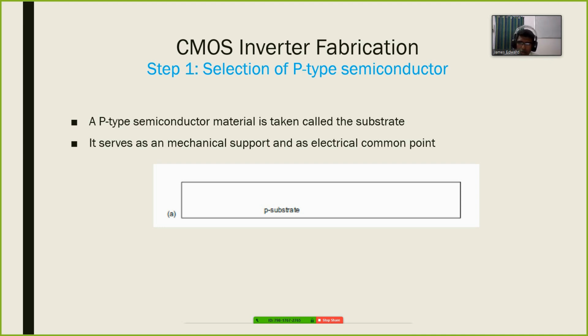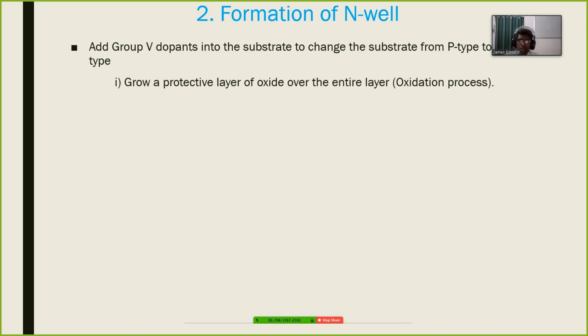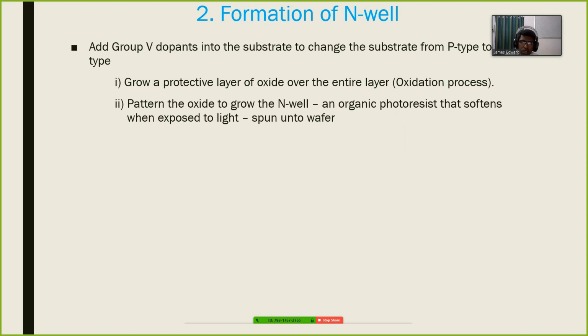Then we need to form an N-well. This N-well process consists of different steps. We grow a protective layer of oxide over the entire layer. That is called the oxidation process. Then we pattern the oxide to grow the N-well by using an organic photoresist.